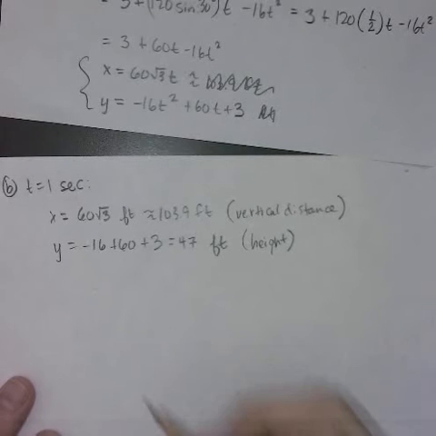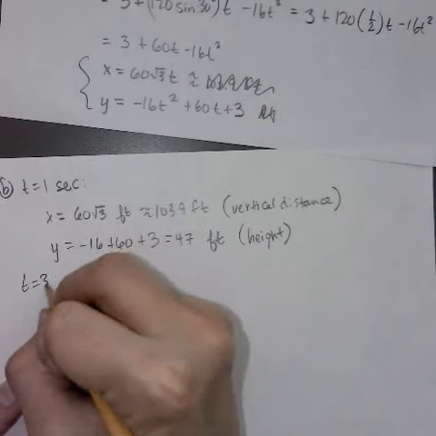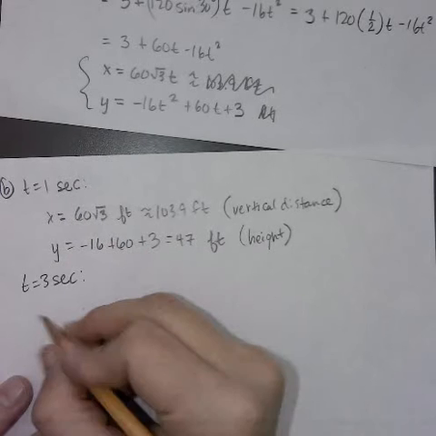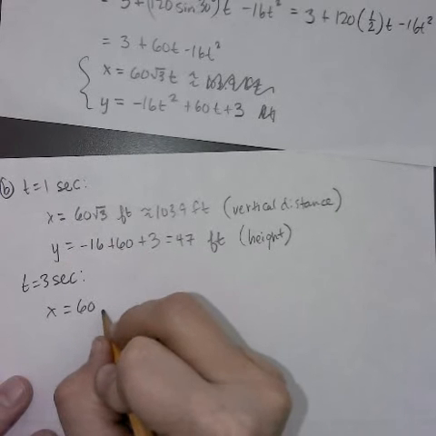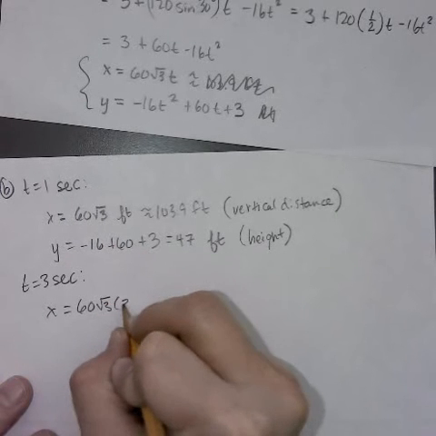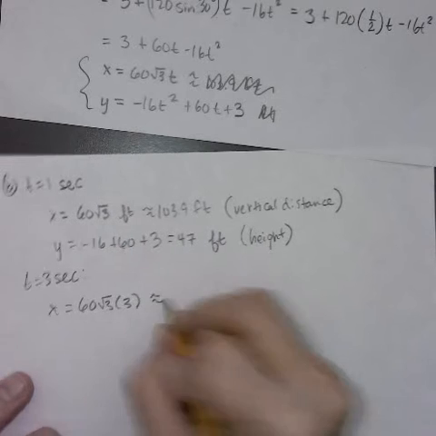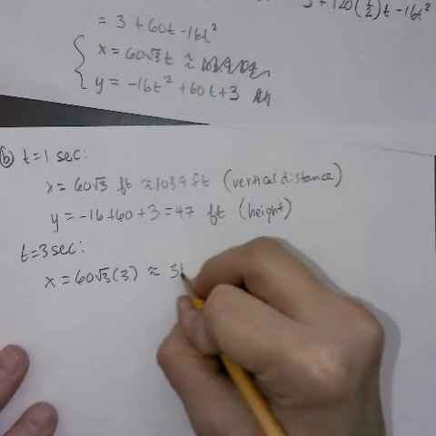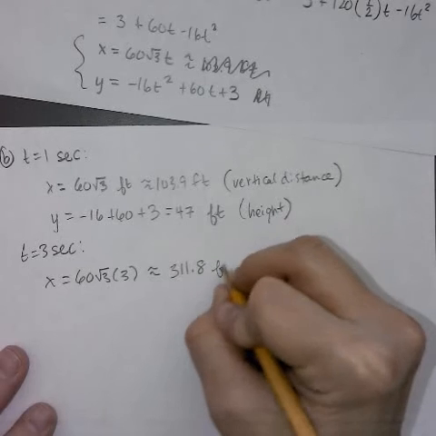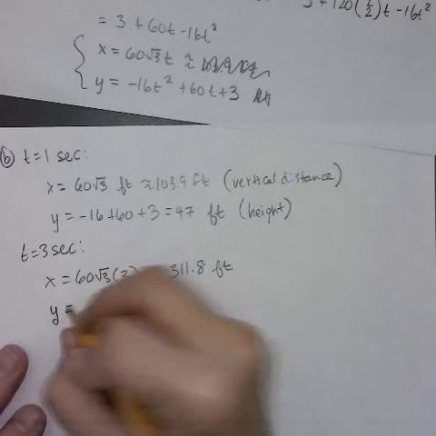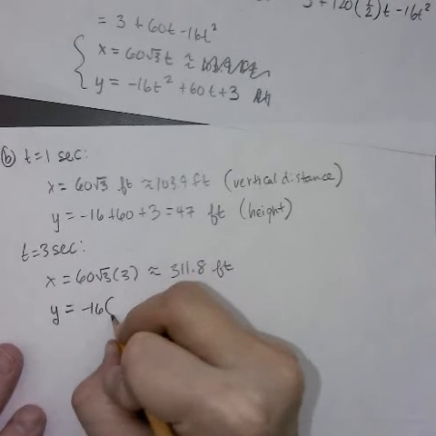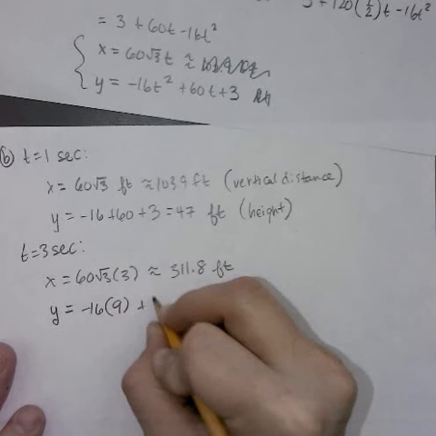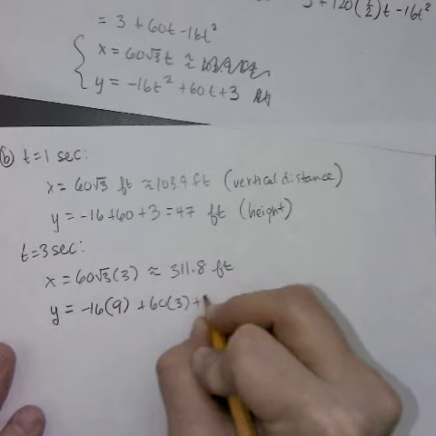Okay, let's do it again for t equals 3 seconds. So now we're going to plug in 3. X is 60 square root of 3 times 3, and we'll approximate that again. So about 311.8 feet. And then y equals negative 16 times 3 squared, which is 9, plus 60 times 3 plus 3.